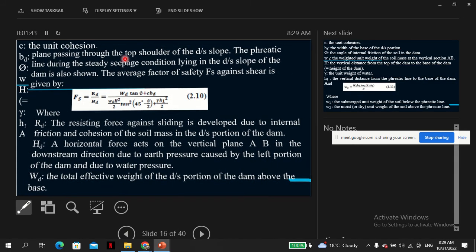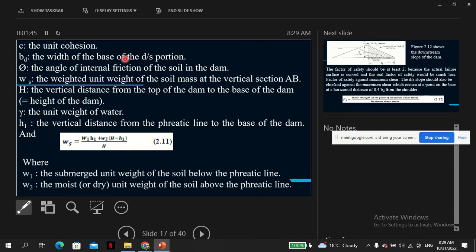So C is the cohesion, BD is the width of the base of the downstream portion, phi is the angle of internal friction, and this is the unit weight of the soil. H is the vertical distance from the top to the phreatic surface of the dam.